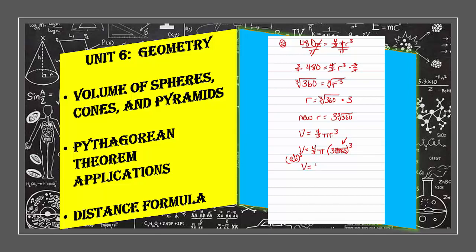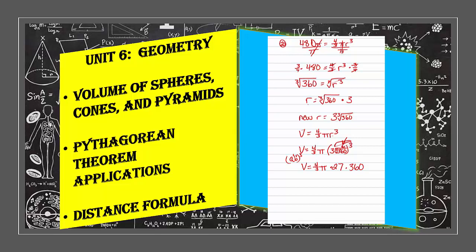So let me clean up this step. V is equal to 4/3 pi times 3 to the third power, which is 27, times the cubed root of 360 to the third power, and that's simply 360.